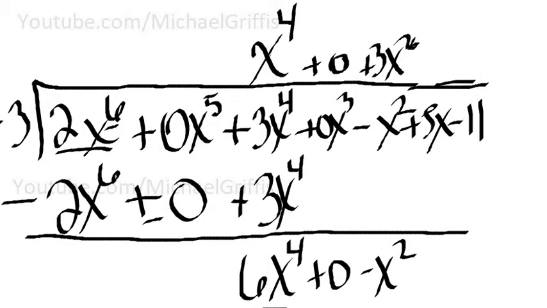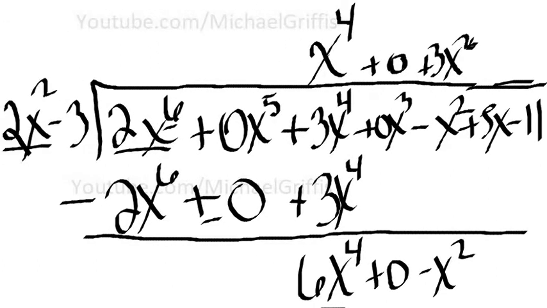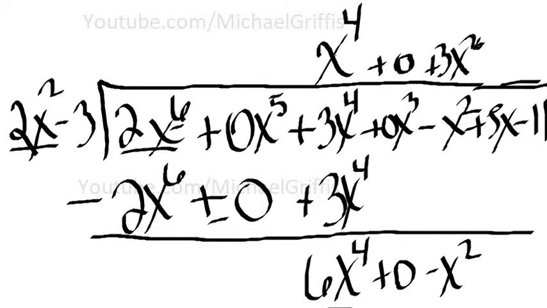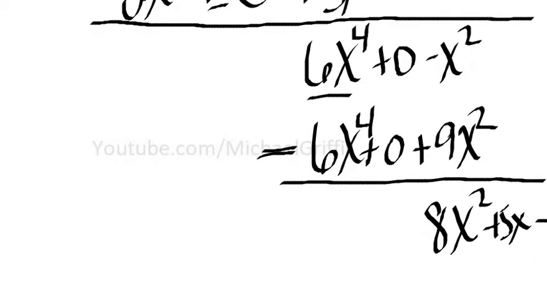All right, now we have this 2x squared. Okay, we have 8x squared over 2x squared, and that's going to reduce down to 2 goes in 8 4 times.